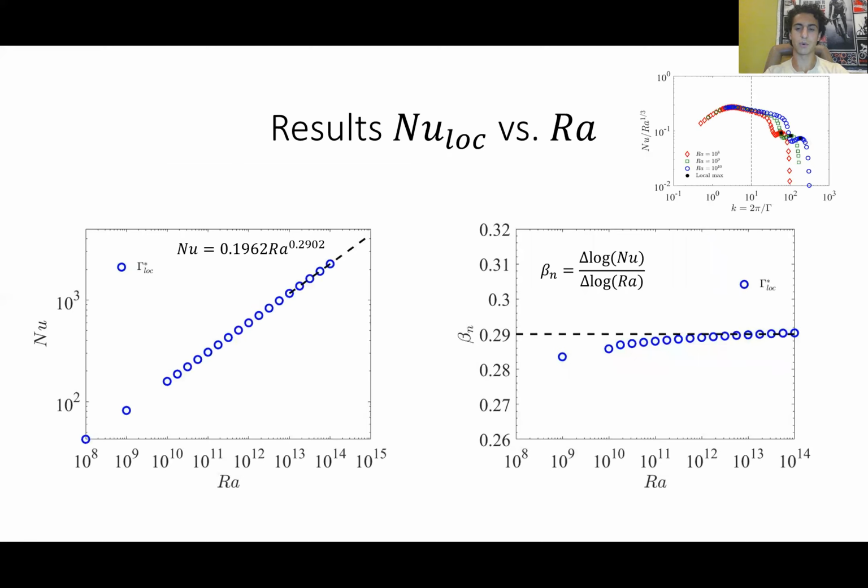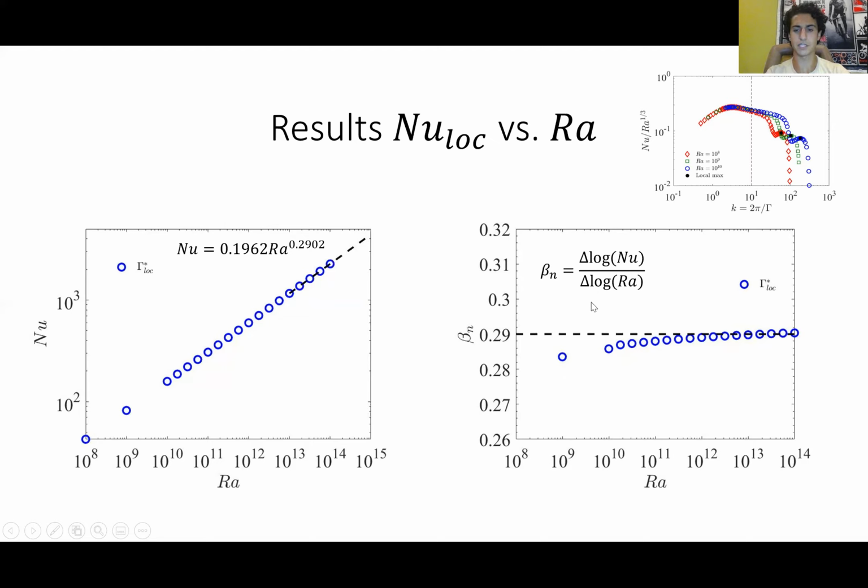So here are the results of what we found so far. For the local case shown here, we're focusing on the local maximum. We found that the Nusselt number seems to scale as Rayleigh to the 0.29. This can be seen by the graph on the left. Basically, this dashed line is this equation here, but it can probably be seen more easily here.